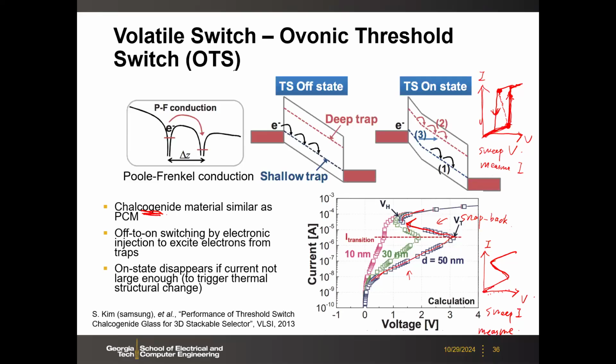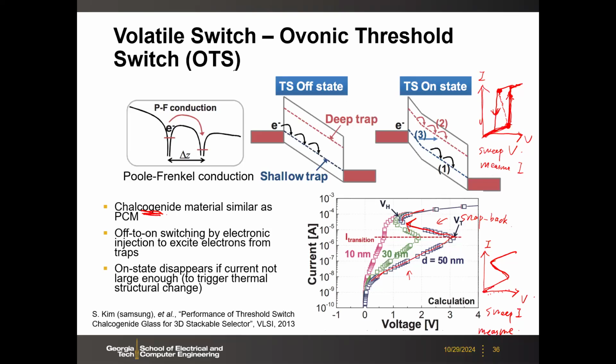So in this chalcogenide material system, it's probably that after you turn it on, you do not create this melting process, okay? Because in the phase change memory, after you turn it on, you pass large currents, then you melt, and then the atoms are in random locations. So this one is probably just the electronic behavior without atom movement.